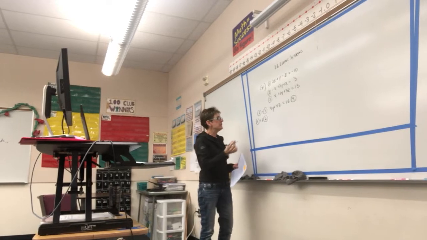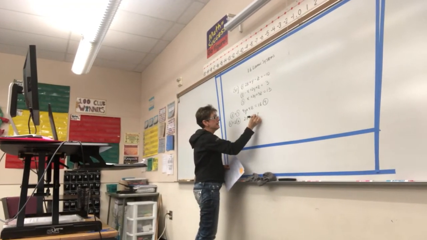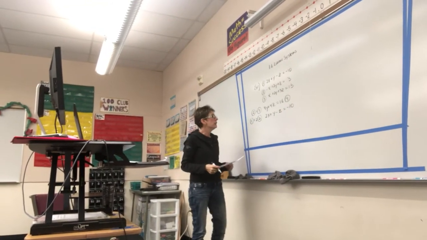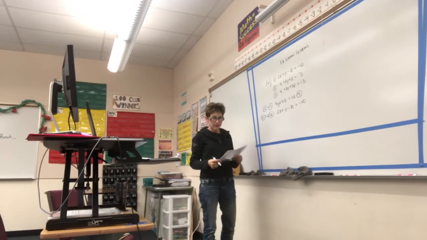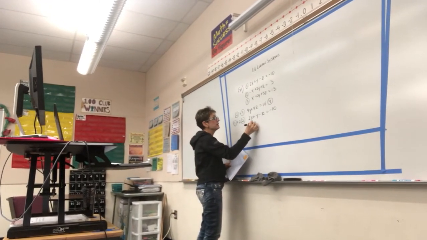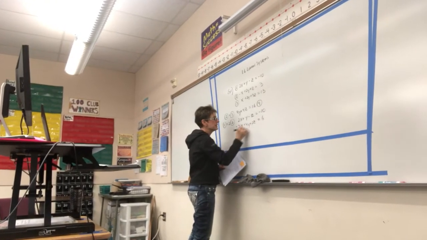So I'm going to copy down equation 1 again, 2x plus y minus z equals negative 10. I did not change that equation at all. Now I want to double everything in equation number 2. So I'm going to have negative 2x plus 4y plus 2z equals 6.